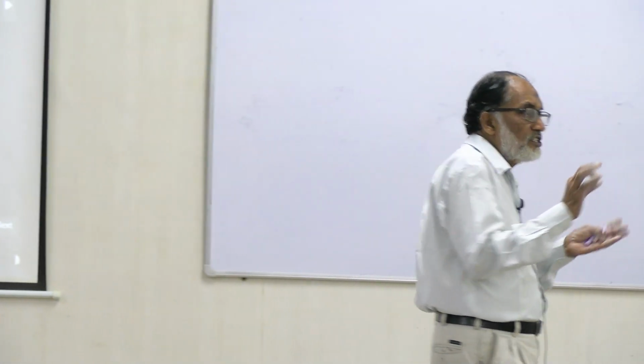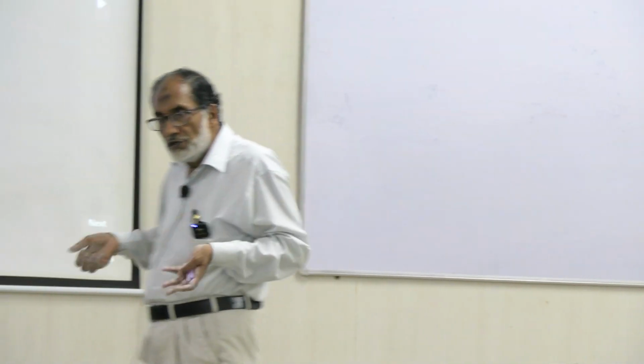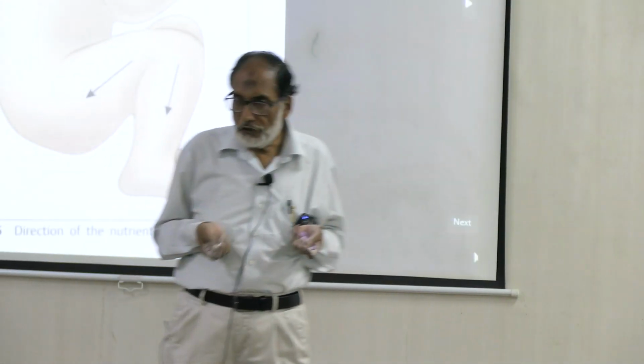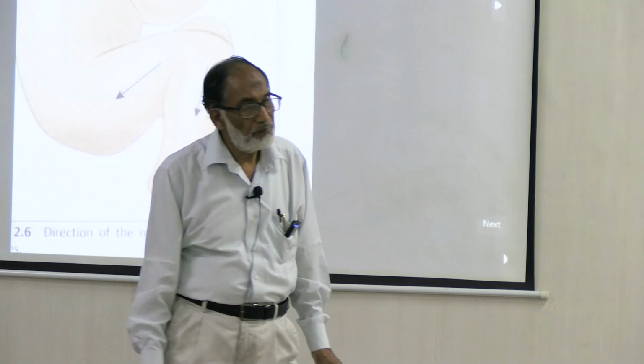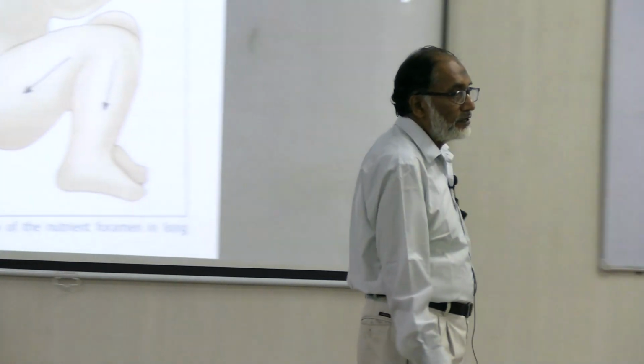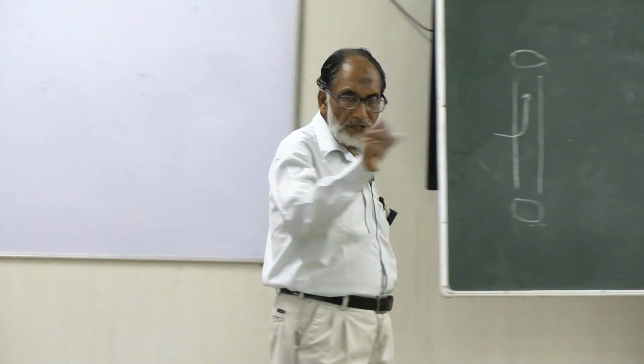Now, what is the function of the skeleton? Number one, it supports the body weight. Our body weight is supported by the lower limb, and it helps in movement, in grasping.